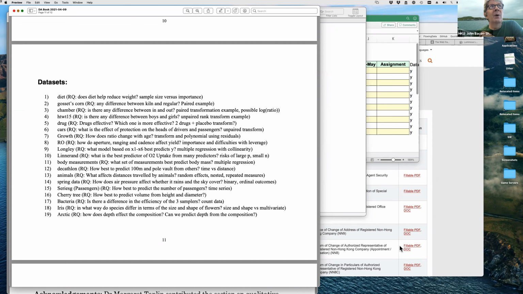Now, if when you get to the analysis phase, you discover that there is no interesting model at all for your data set, you can always come back to me and discuss changing the data set. I think from looking at the data sets you've all sent me, you should be able to find a reasonable model for all the data sets you've shown me.